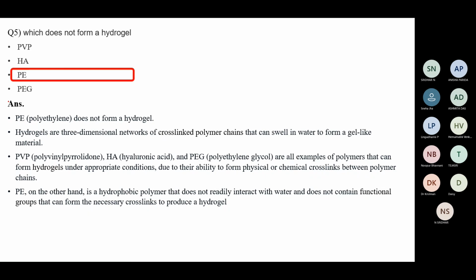So in this case, PVP, polyvinyl pyrrolidone, hyaluronic acid, and polyethylene glycol are examples of polymers that can form hydrogel under appropriate conditions due to their ability to form physical or chemical crosslinks between the polymer chains. What happens?